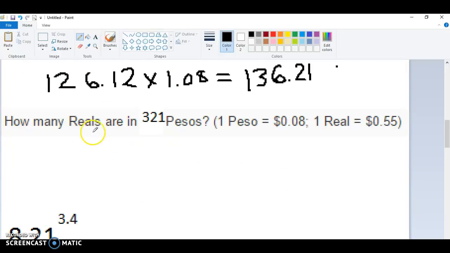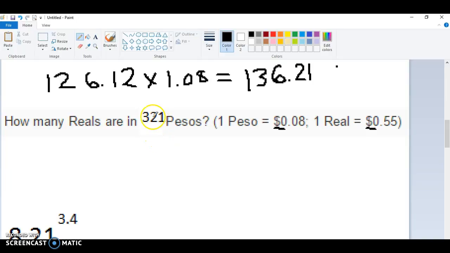How many reals are in 321 pesos? So what we have to do is we have to convert this to dollars, apparently, because that's what they tell us. So we're going to find out how many dollars are in the pesos, and then we're going to find out how many reals are in that amount of dollars. Okay. So first we have 321 pesos, and each of these is worth 8 cents.